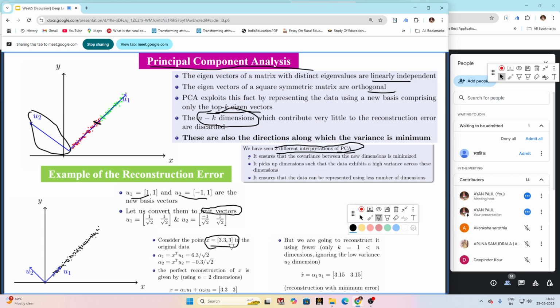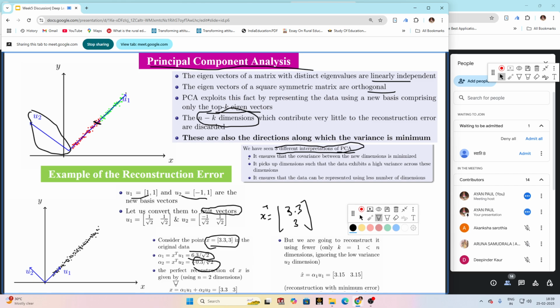So you write the transpose, that is x transpose, and multiply it by u1. u1 is nothing but 1 by root 2 and 1 by root 2. You multiply it and you will find alpha 1, and similarly you can find alpha 2.